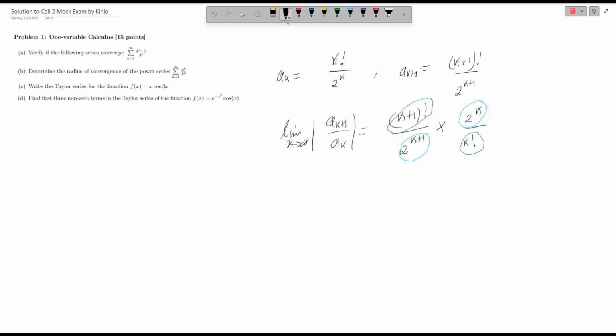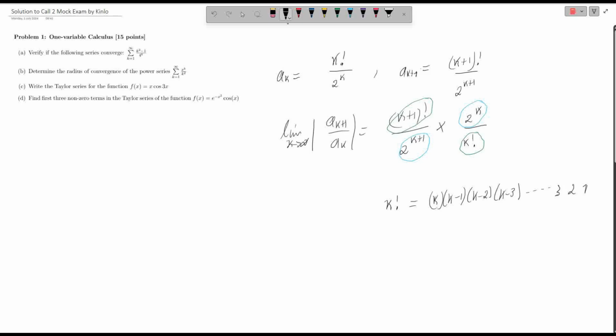So to do that, we know that the factorial of any number k is the same as k multiplied by k minus 1, k minus 2, k minus 3, all the way down to 1. You get the point?